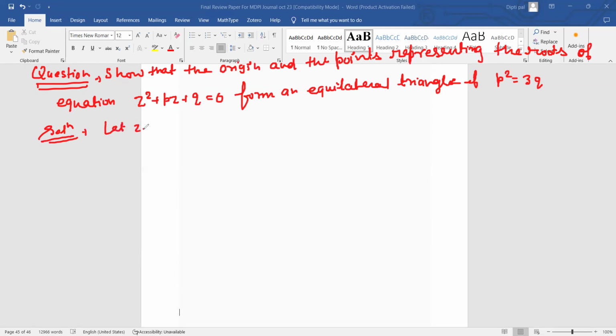So let Z1, Z2 be the roots of Z square plus PZ plus Q equal 0.